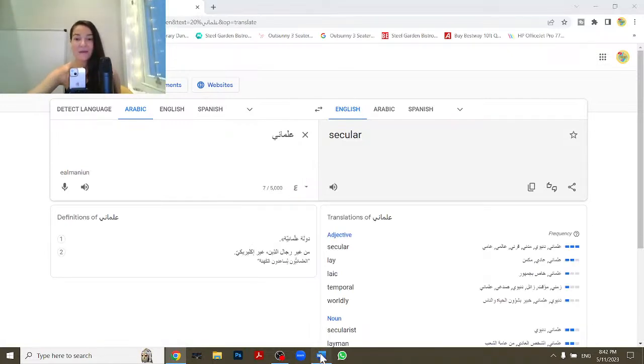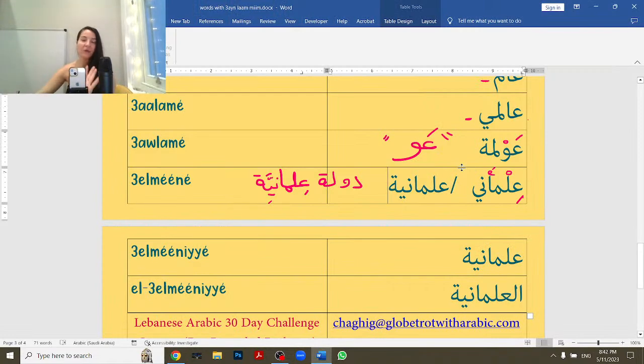Okay, and so the actual adjective, look here, don't get confused, it's very important what I'm gonna say. علماني, that's the adjective, it means secular. Notice how the alif and the ye here are both pronounced as a. Hi Anvelito, miss you.